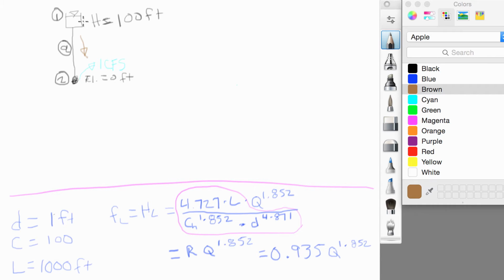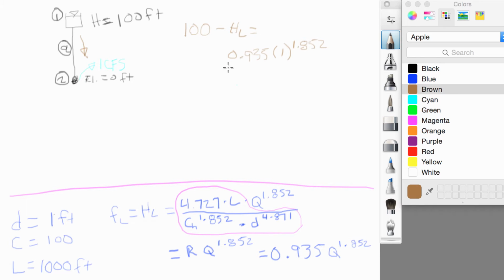So if we're calculating what the new head is down here, we would start up here at node 1, which equals 100 minus the head loss in the pipe. So the head loss in the pipe is 0.935, and we already know what the flow is. It's 1 CFS. That's what we defined here at the junction. So 1 to the 1.852.